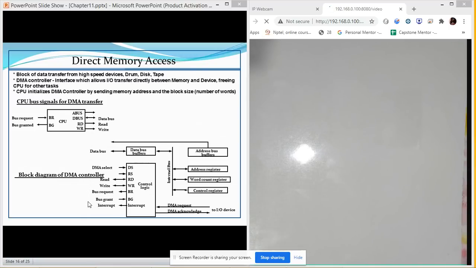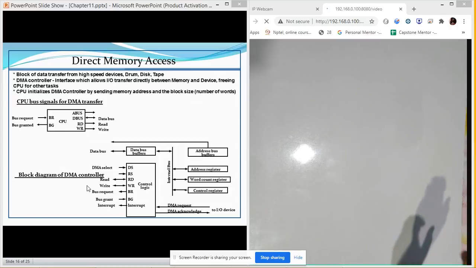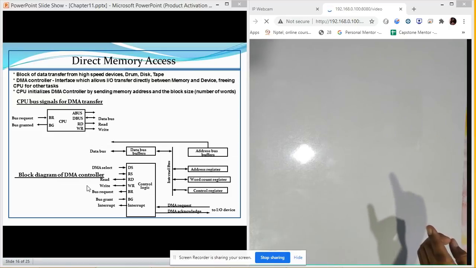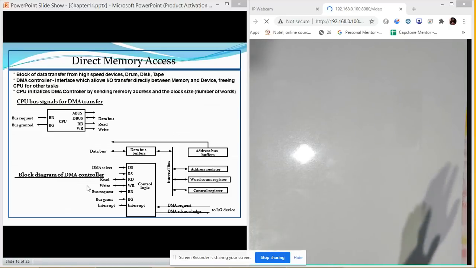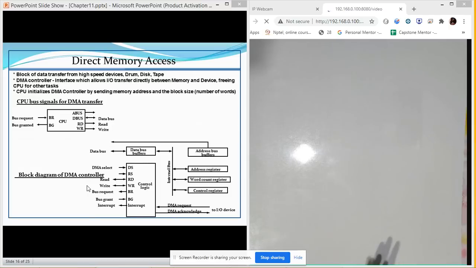It is just to ask for permission whether it is permissible for DMA to use the memory bus or not. If it is allowed, then DMA will transfer the data to the memory, and later it will inform the CPU that it has completed the transfer.